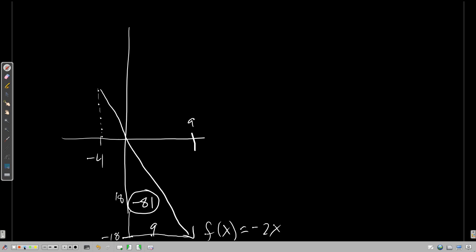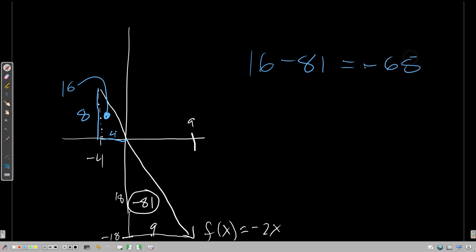For the other piece, that side length is 4, and this side length would be 8. It's half of a 4 by 8 rectangle, so it's half of 32, that's 16. Minus 81 plus 16 is our answer. You get negative 65.